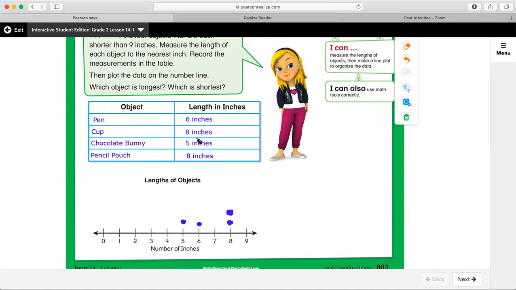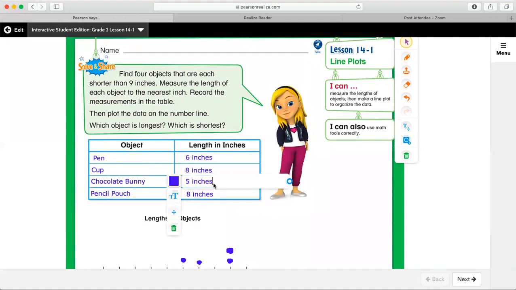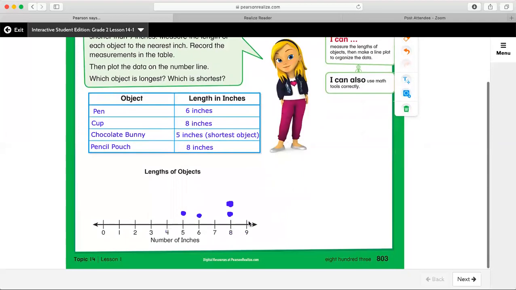So I can go back up to my graph here, my chart, and I can say that this is 5 inches and this is the shortest object. And then I look here, 8 inches is the biggest number that I have data plotted.